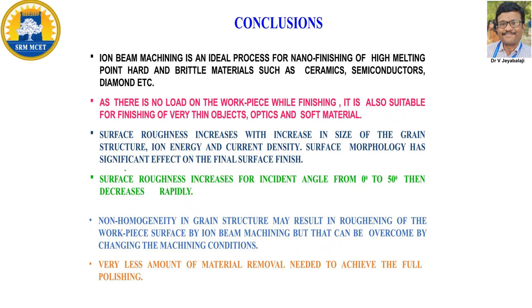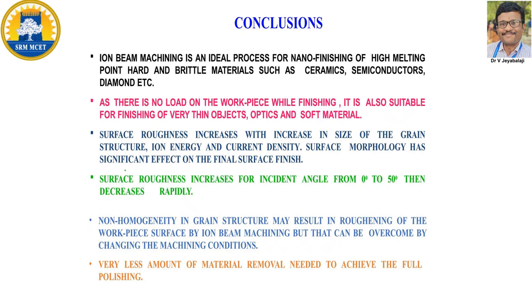The surface roughness will increase when the grain structure increases. The ion energy, current density and surface morphology have a significant effect on the final surface finish. The surface roughness increases at an angle from 0 to 50°. Then after 50°, it starts to reduce rapidly.